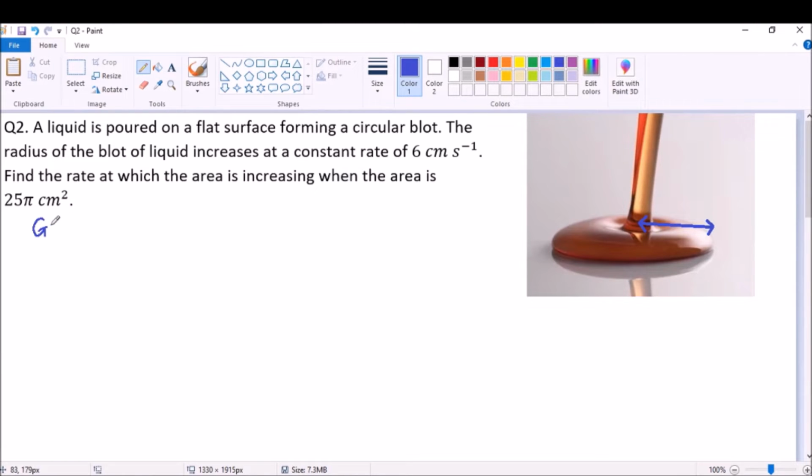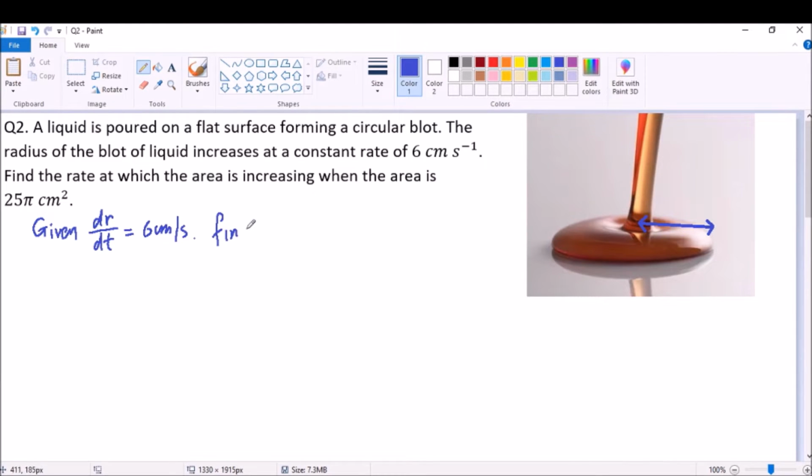We are given dr over dt, where r is the radius of the plot, being 6 cm per second. This is the rate the radius is increasing while the liquid is poured.